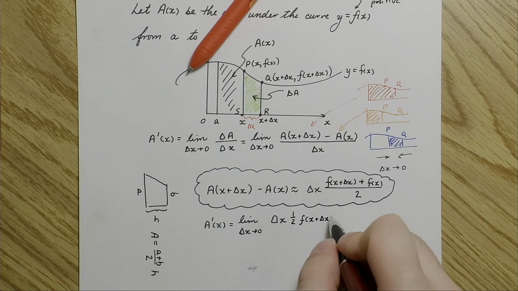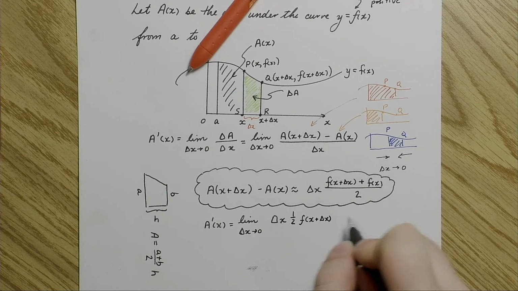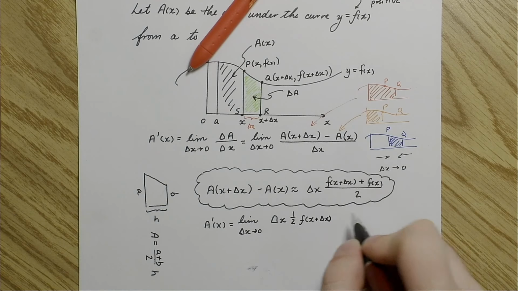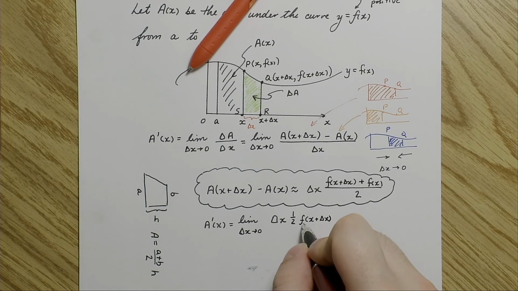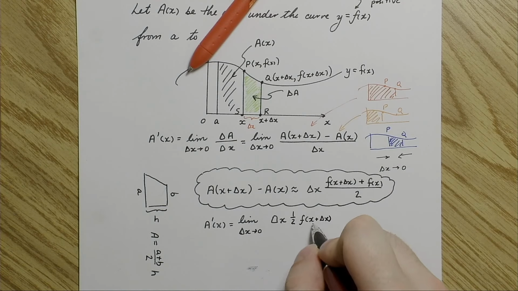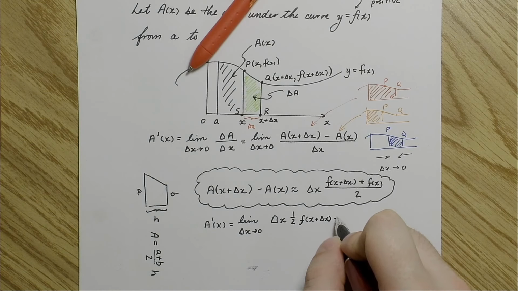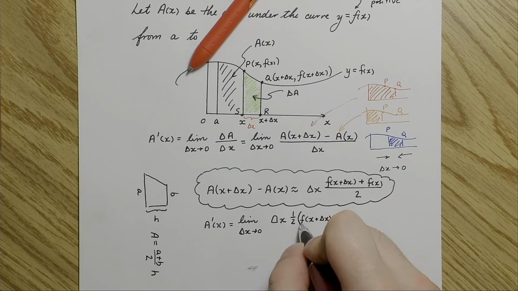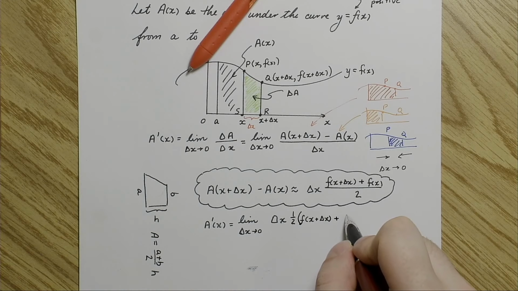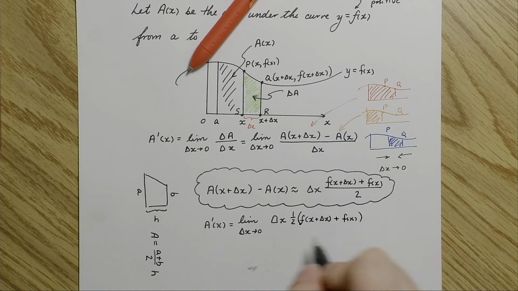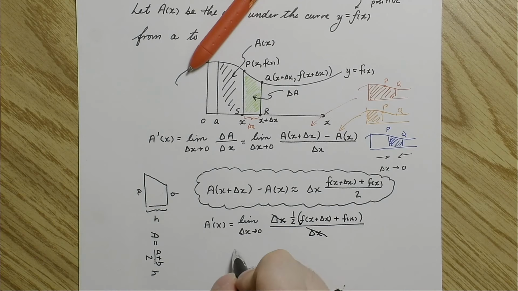So don't panic, I haven't done anything completely weird. So I have delta x times 1/2 of f at x plus delta x plus f at x, divided by delta x. Okay, so this cancels.